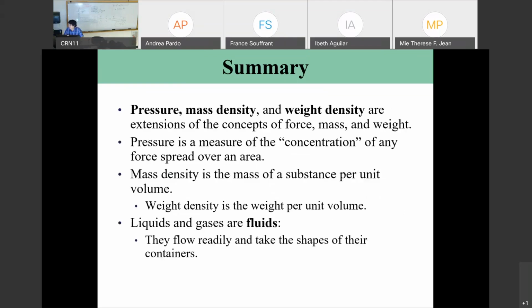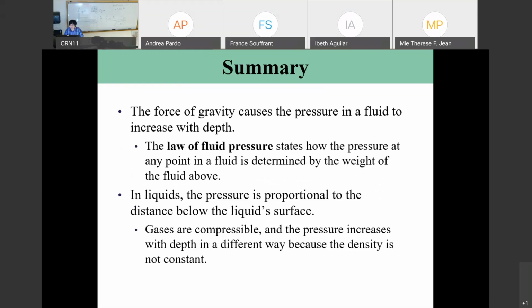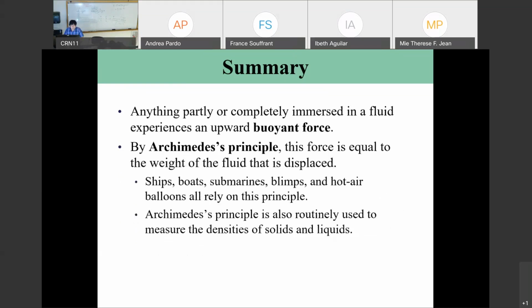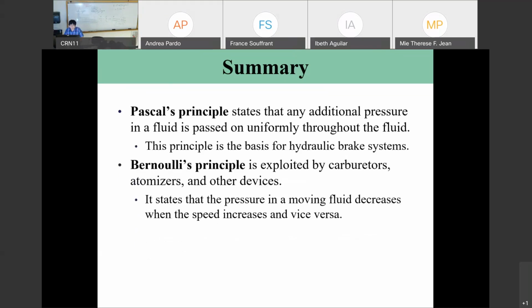We did talk about weight density, but as you probably have figured, mass density is the key parameter, and pressure. We introduce liquids and gases as fluids, okay? And then from that, we introduce the law of fluid pressure, and we prove that pressure is what? Density times gravity times height. And we introduce Archimedes' principle, buoyancy, Pascal principle, and Bernoulli's principle.